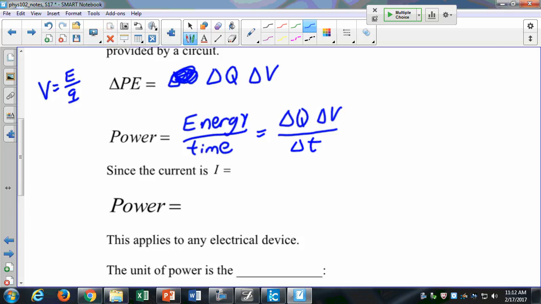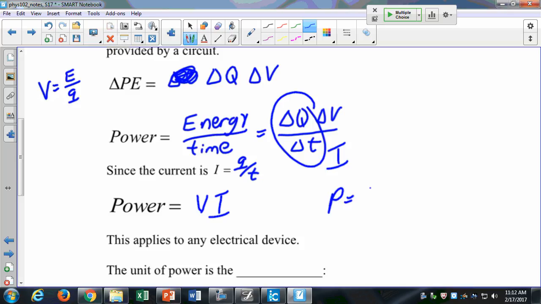What looks familiar to you? This Q over T is our current. So the current, which we defined before in this chapter, is Q divided by T. So our power can be described as just V times I.